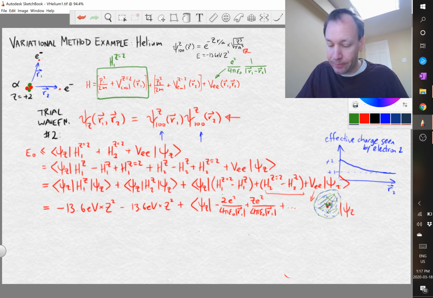Okay, and so the important thing here is that we've just got an expectation value of an operator that only depends on the various positions. And so to calculate that, we're just going to do another big integral.